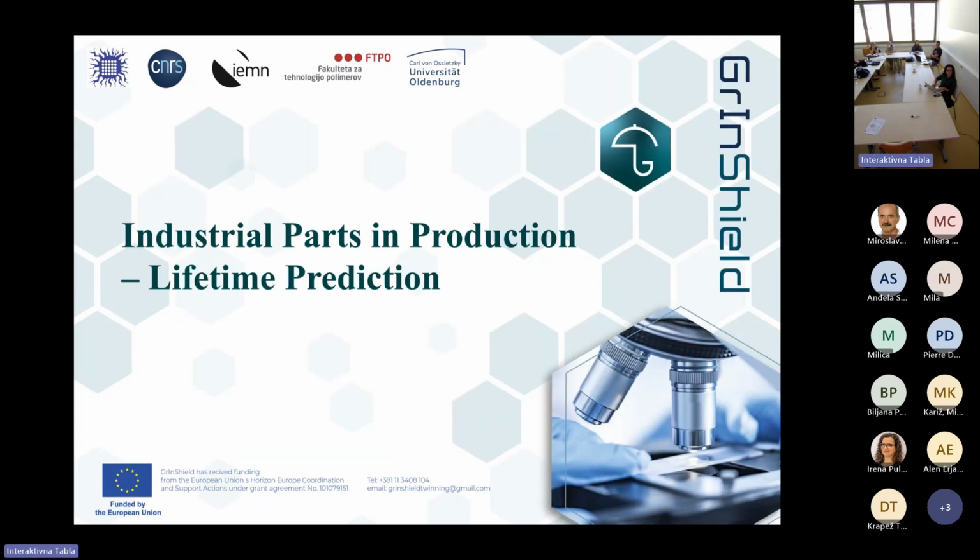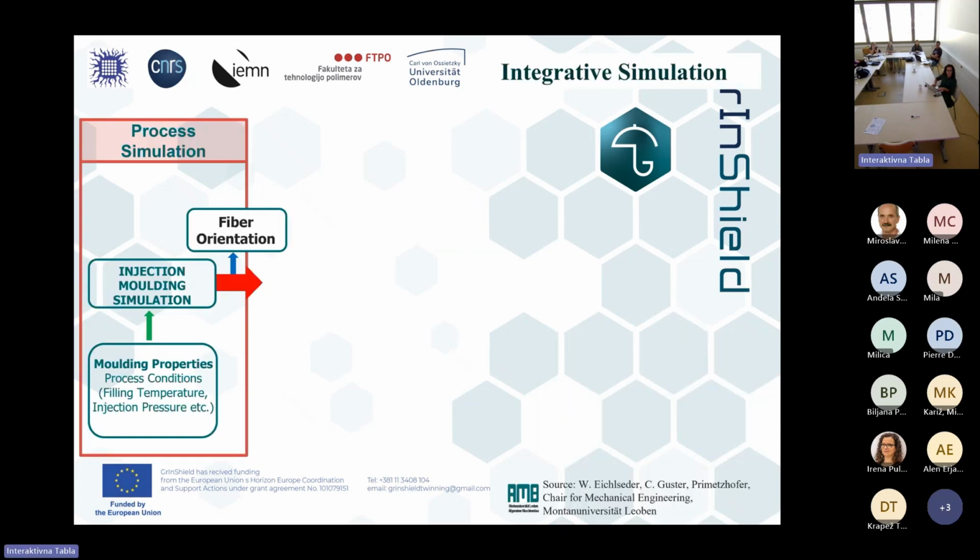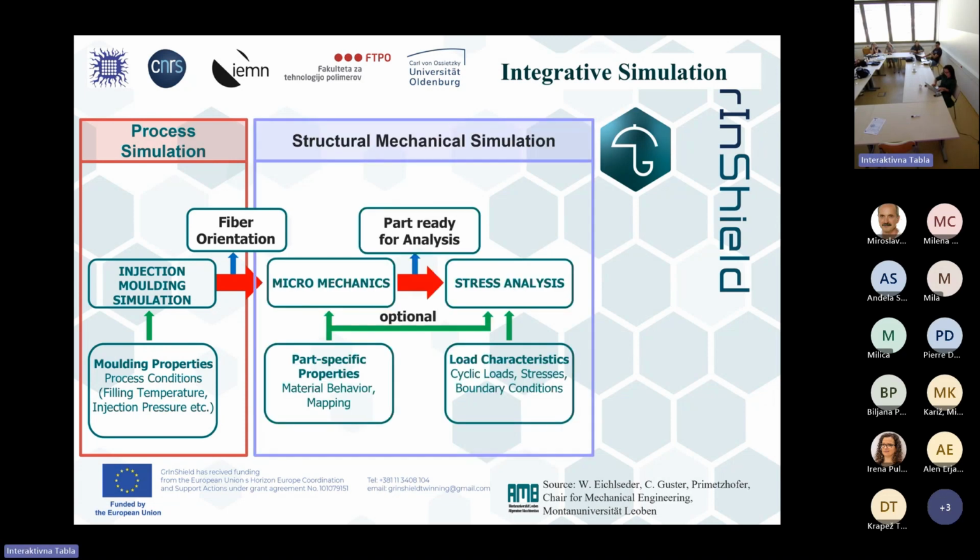And I think lifetime prediction is very interesting. Do I have just 5 minutes? Yeah. Because that's really state of the art. In lifetime prediction, we integrate process simulation, injection molding simulation, with structural mechanical simulation, with measuring mechanical data, notched, unnotched, and put into motor oil for a certain time at different temperatures.